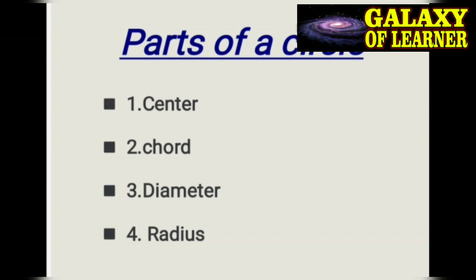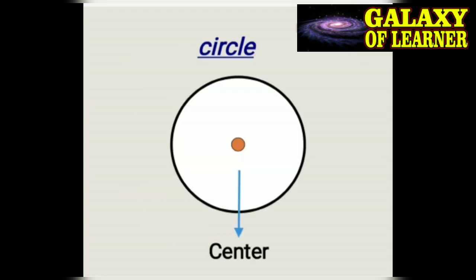These are the different parts of the circle and we are going to learn about each part of a circle. Now we see the first part. In this part we learn about the center. Can you see the red point in the middle of the circle? Yes, that red point is called center of the circle.